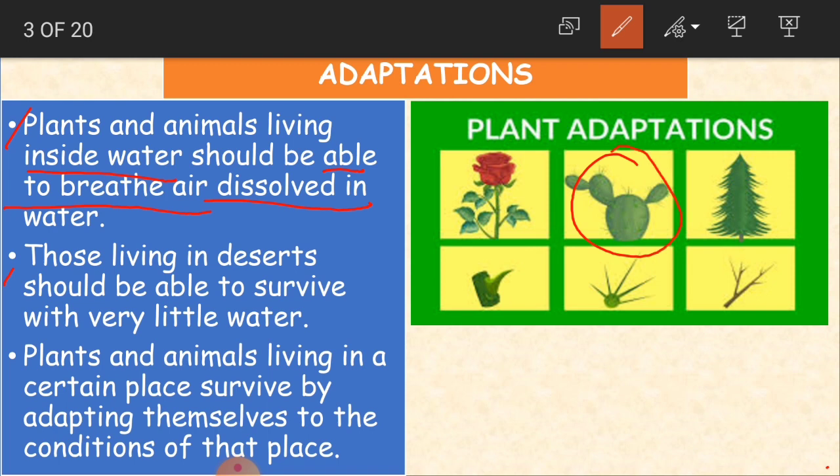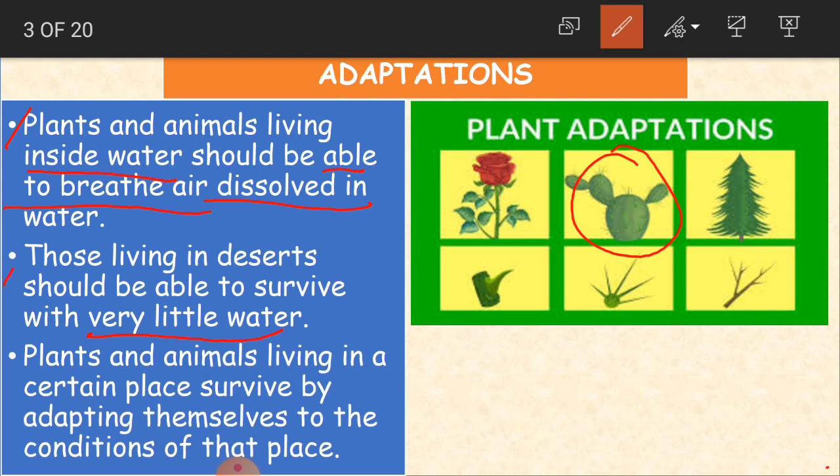These plants survive with very little water. In deserts we don't have water, but still these plants are able to live there. How? Whatever water they get, they store in their stems. Like that they are able to live there with very little water, making themselves comfortable with that hot desert climate.